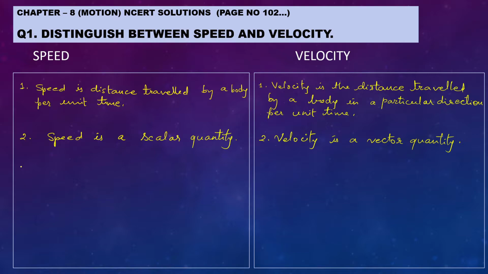Correct? Right. Then the third one, speed tells how fast a body is moving. Correct? And velocity adds more information, that is direction. Okay.